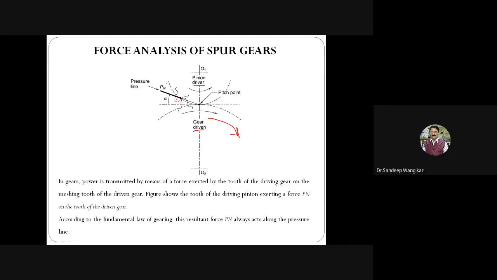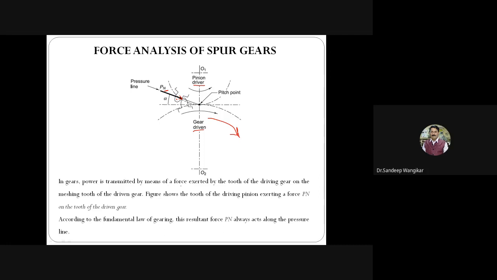Pn is the resultant force acting on the gear tooth pair. The driver exerts the resultant force Pn on the driven gear, as shown in this diagram, and the gear rotates clockwise while the pinion rotates anti-clockwise, always along the pressure line. These are the two pitch circles shown, and the point at the center is the pitch point. So this is the force analysis diagram.